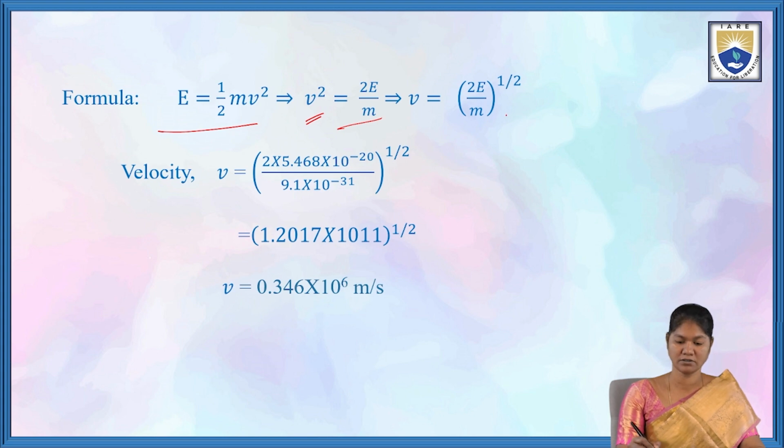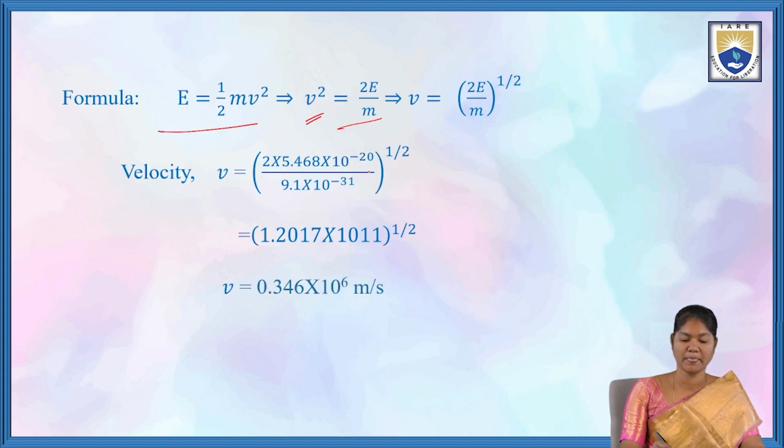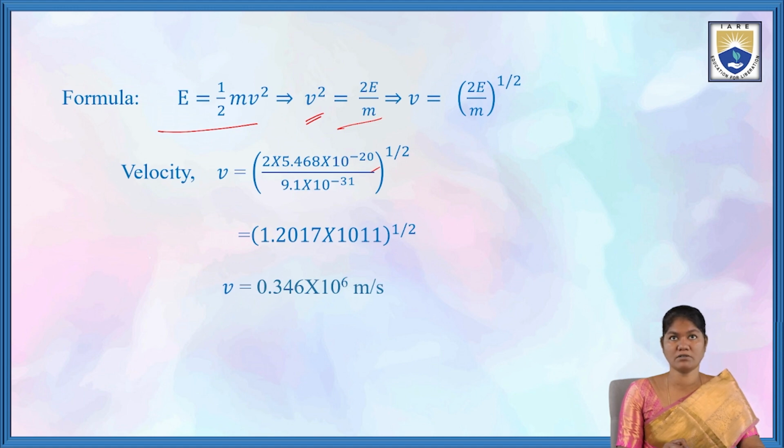Instead of root, I have taken 2E by m whole power 1 by 2. So v is equal to 2 into the energy we got here, 5.468 into 10 power minus 20, divided by m, 9.1 into 10 power minus 31, whole power half.